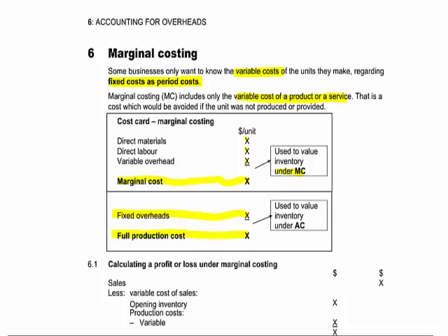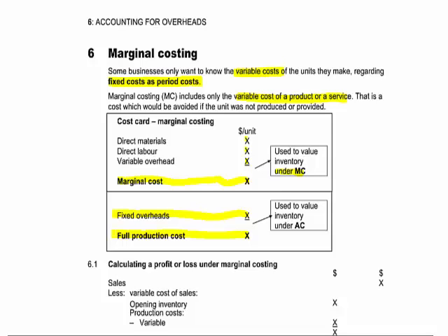Now, we said when we were introducing the idea of absorption costing that working out the direct materials, labour and overheads were the easy steps. And actually, after the complicated steps in absorption costing, I'm sure you'll be delighted to know that marginal costing is relatively much more straightforward, because it should be fairly easy to work out what the extra cost of producing one more unit is, the marginal cost.